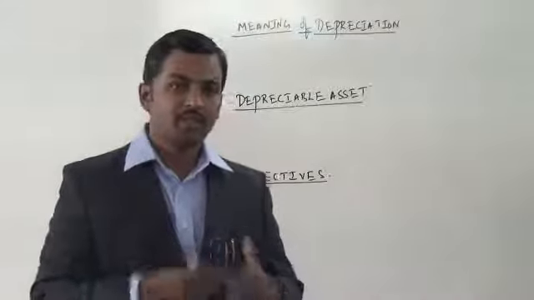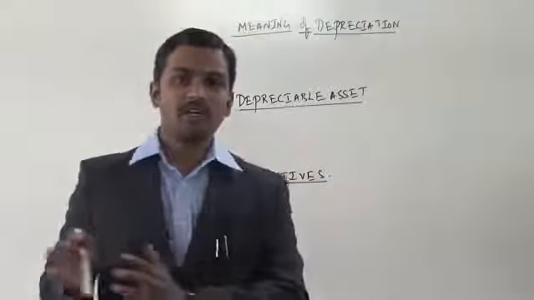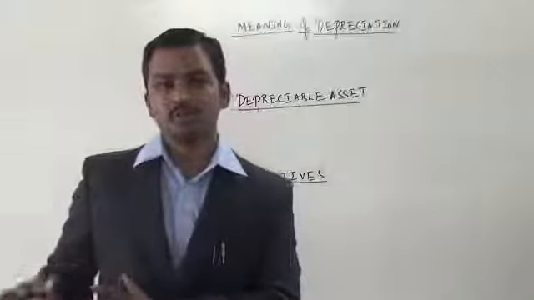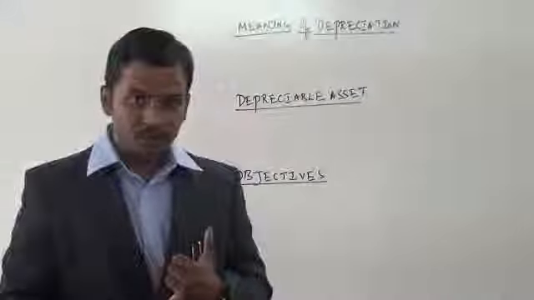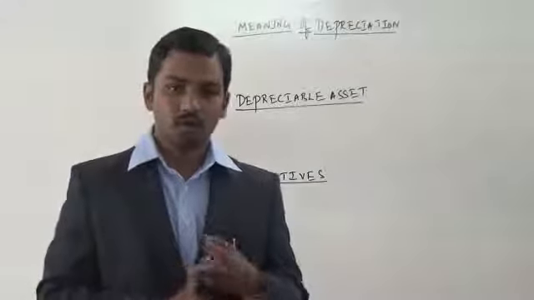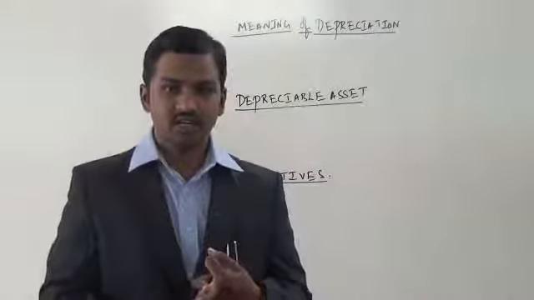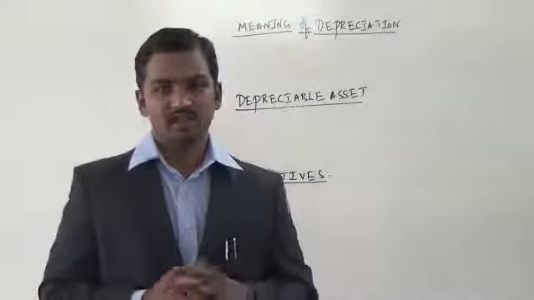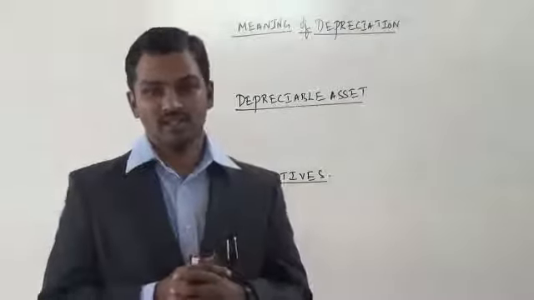So when the technology modernizes, automatically the old machinery, the old technology becomes obsolete. So when the assets lose value due to either use or due to effluxion of time or due to obsolescence, that is due to technological changes and due to market changes, there is some loss in value of the asset. And the loss, when it is measured, that loss is called as depreciation.